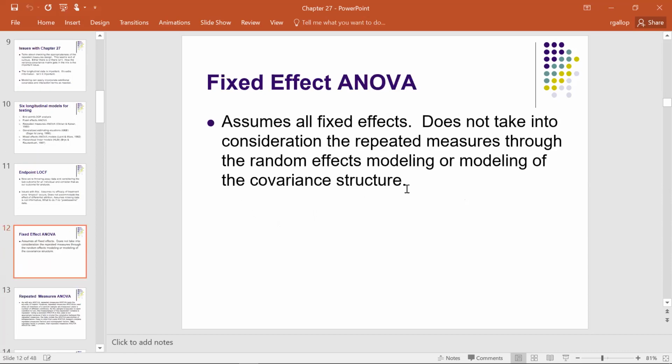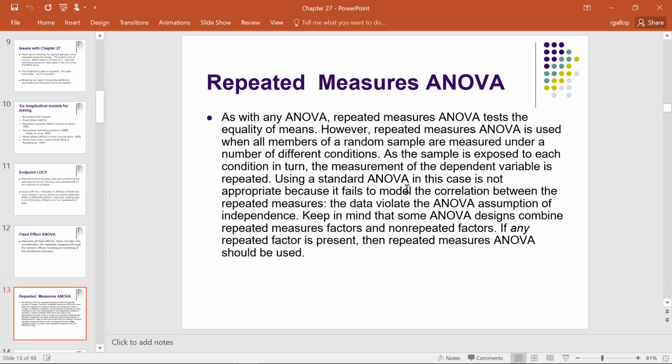The fixed effect ANOVA does not take into account the clustering of the data, it just assumes that time is a fixed effect predictor in the model. That's not right. The repeated measures ANOVA, in the multivariate class, you'll talk about this.